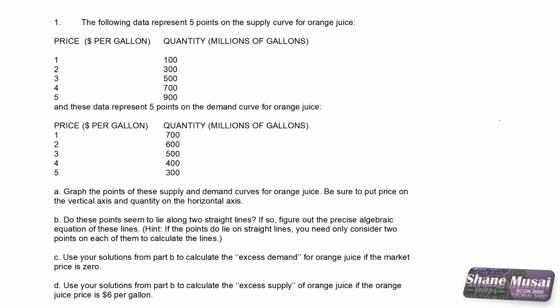So if you look back at your data, we'll essentially be using this point when price is equal to 1 and quantity is equal to 100, and this point when price is equal to 2 and quantity is equal to 300.